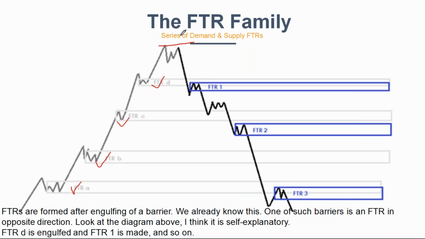And then when price comes back, that FTR is broken. It's gone, right? The moment the FTR is broken, what does it mean? Now the trend is broken. When a big trend is broken, what do you have to look for? You need to look for reversal trades. Trend is negative.